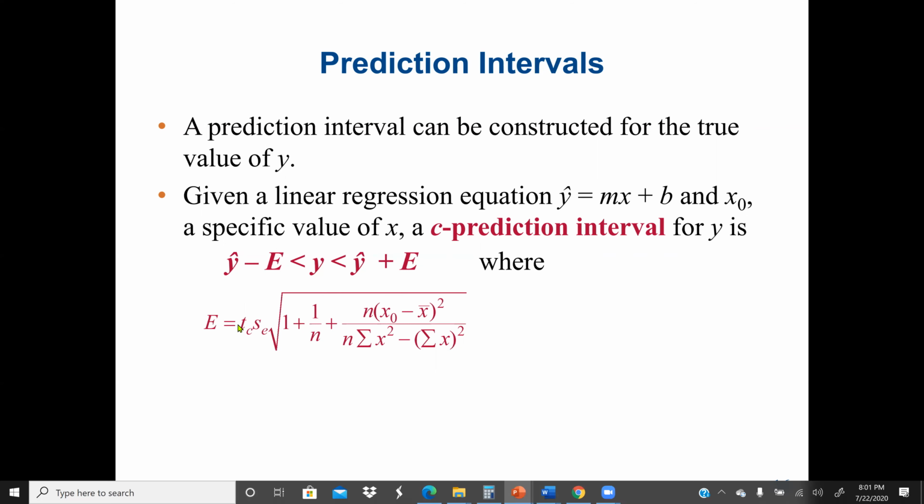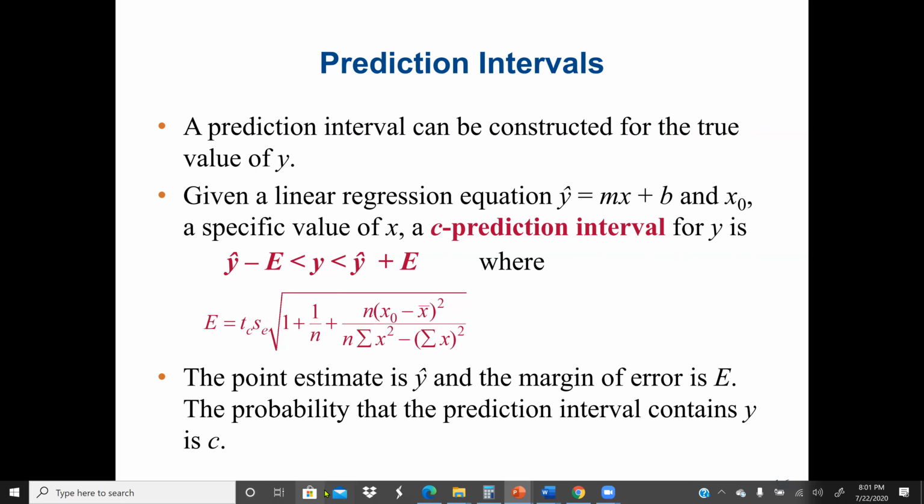E will be given by tc and SE, the standard error of estimate, times the square root of 1 plus 1 over n plus n times (x minus x bar) squared, over n times the sum of x squared minus the square of the sum of x.